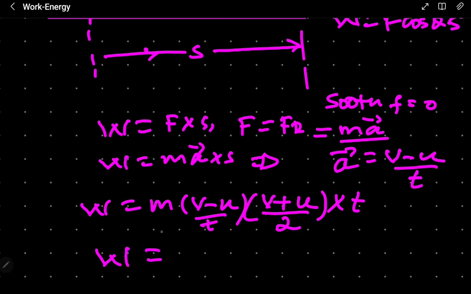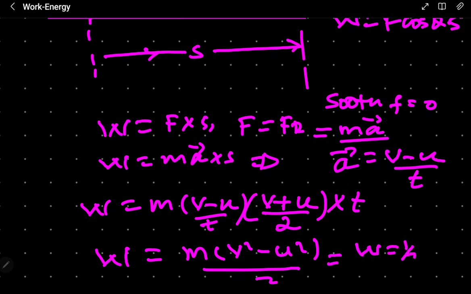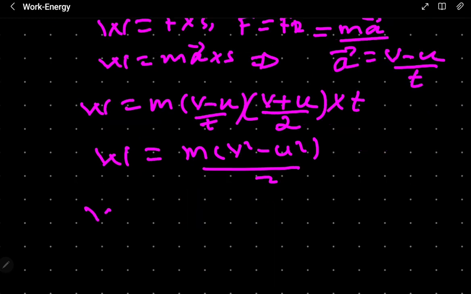It gives you the work done is equal to the mass times v square minus u square over 2. Or you can write this work done as half of the mass times the final speed square minus the initial speed square.